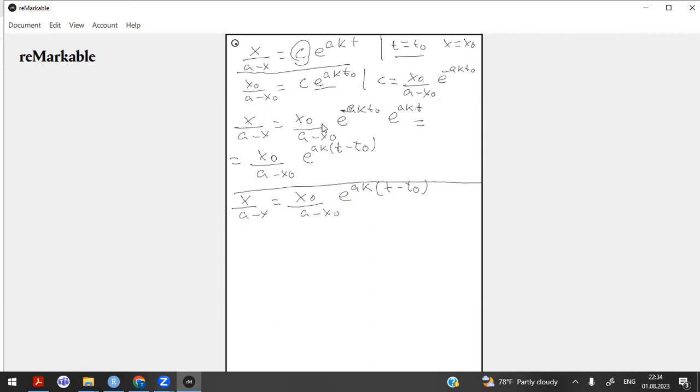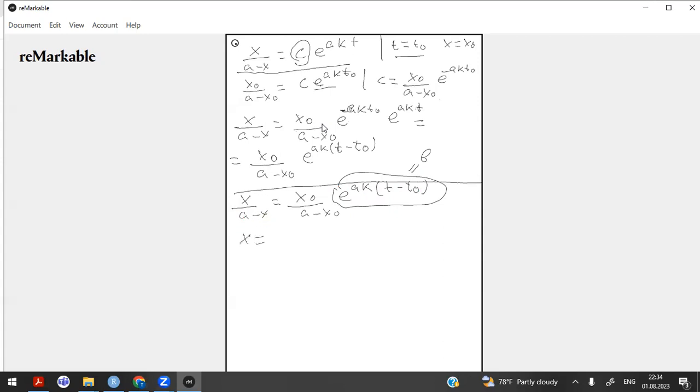Okay, now we want to solve for x, but it's really kind of boring stuff. So let me denote it by b so I don't write it again and again, okay? So now let's denote this part by b, and then multiply both sides by a minus x, okay?